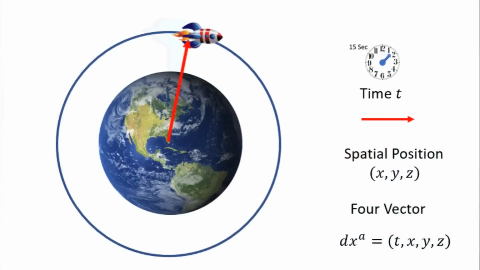We're going to call these X, Y, and Z, and then we have time that will give us our position as well as where we're at any given time. So here I have a spacecraft, and it's going to be orbiting around the Earth. And so in order to know its position, we need to know its position as well as time. Now we can code the three spatial positions and time into what's called a four-position vector.